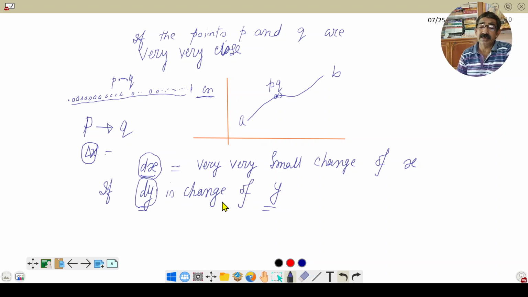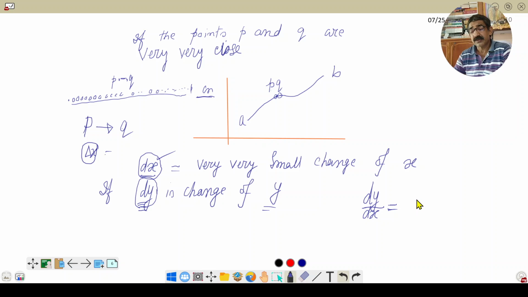So there is a very fine difference between these two ideas, dy and dx. Those two quantities are written in the same manner, but in this case the change is very, very small, while in this case it need not be very small. It can be considerable.